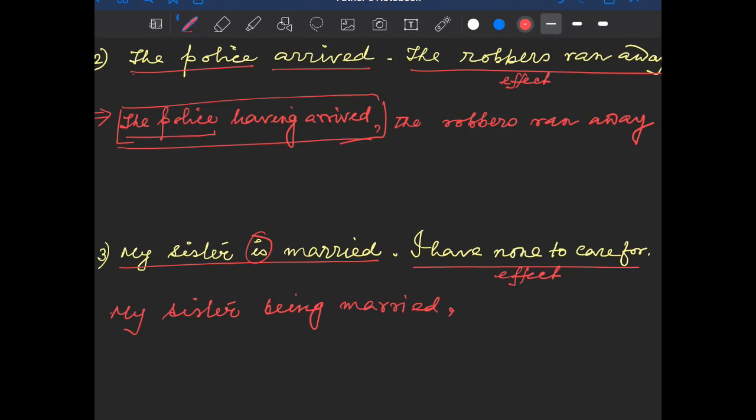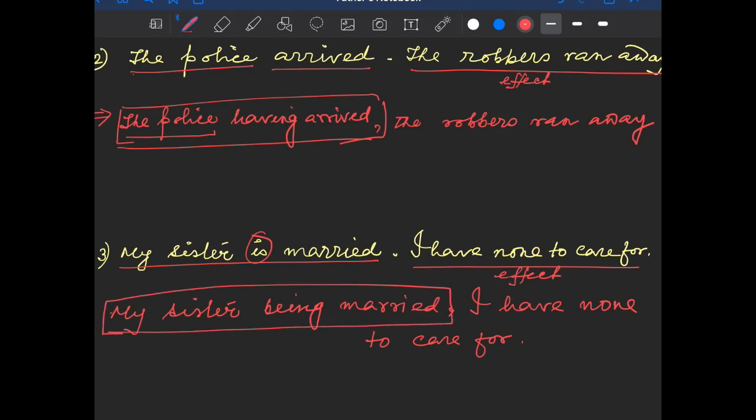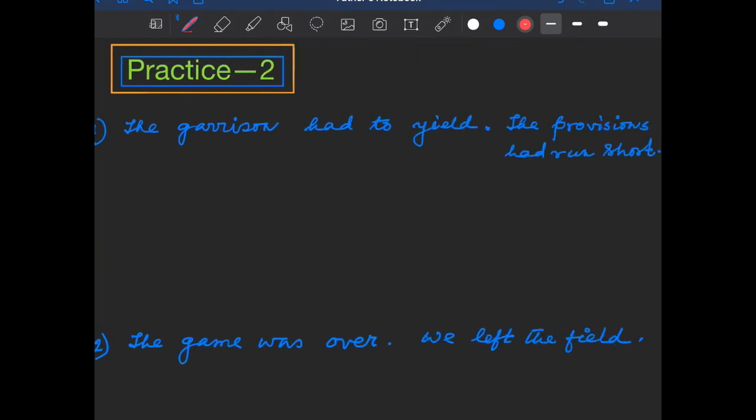Next one, I have none to care for. My sister being married. This is absolute phrase, and my sister, this is absolute nominative or nominative absolute. Now see your score, and at the end of this lesson put your score in the comment box. Okay. Now go to the next sheet.